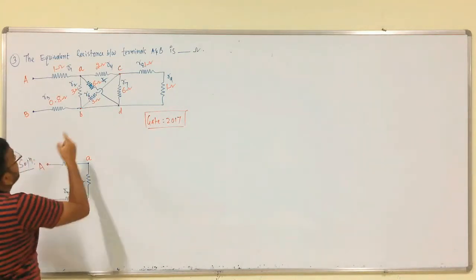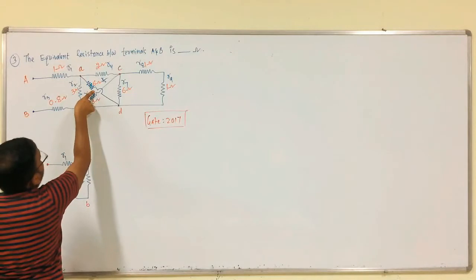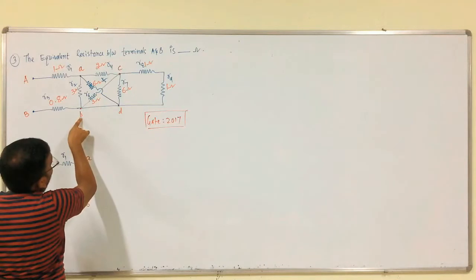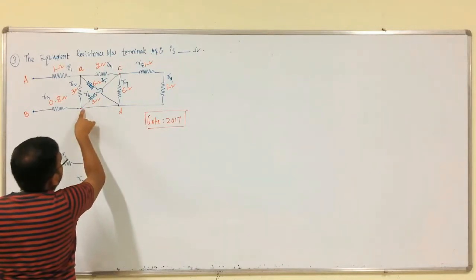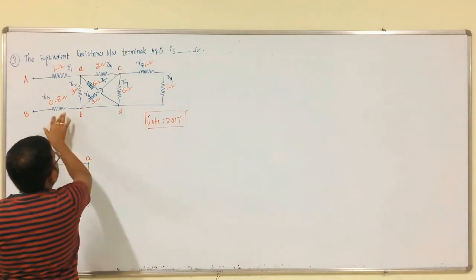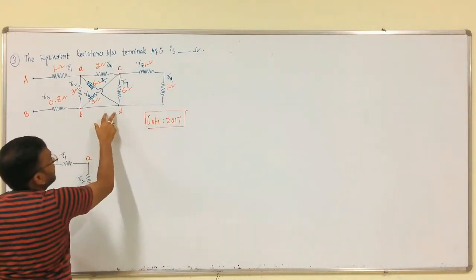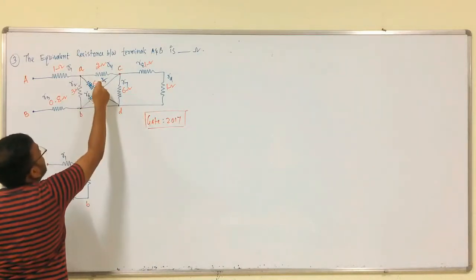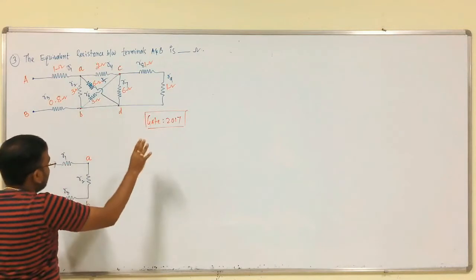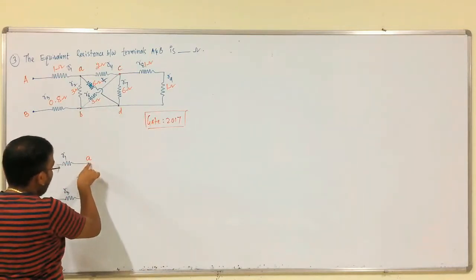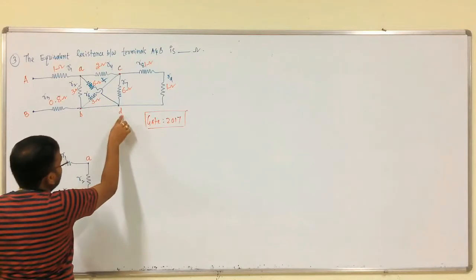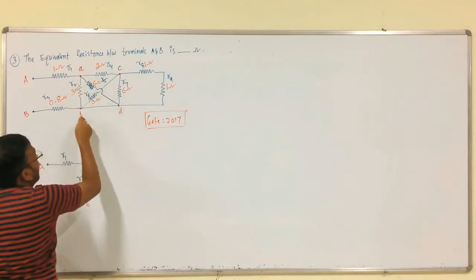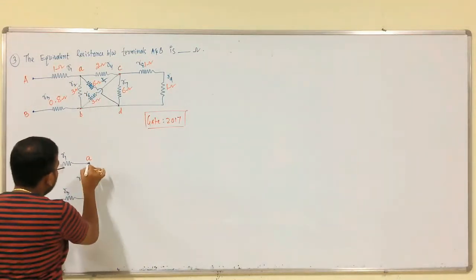Then see, the 6 ohm branch is connected between A and D, and we all know that the node points B and D are equal. From here to here there is no resistive branch in between these two, so node point B is equal to node point D. So the 6 ohm branch is connected between A and D, which means the 6 ohm branch is connected between A and B, that is it.